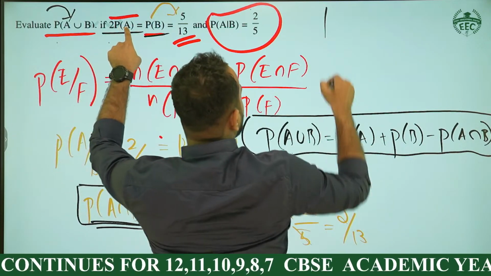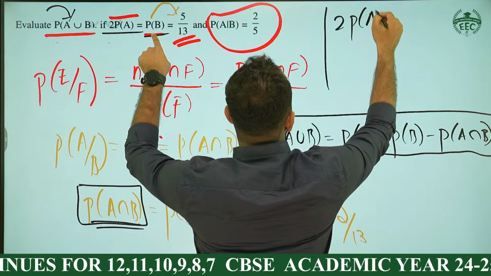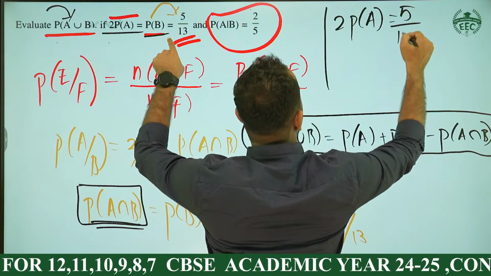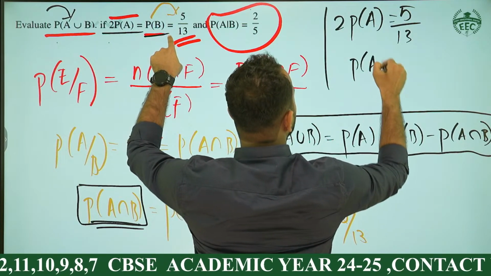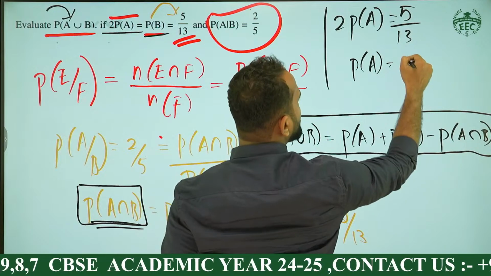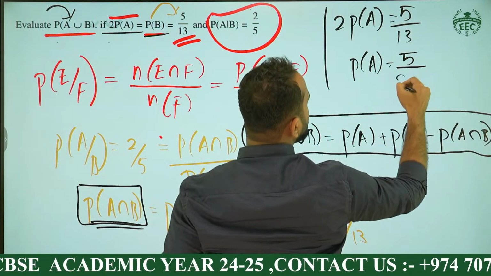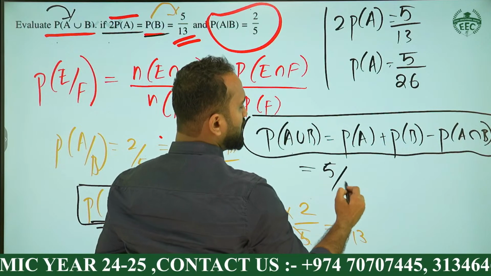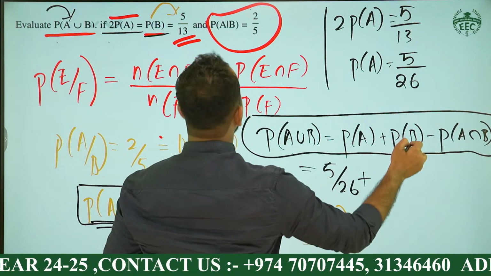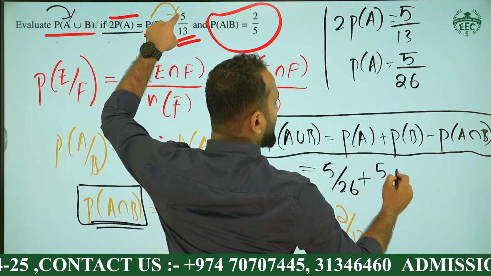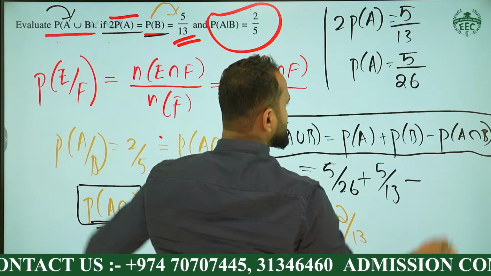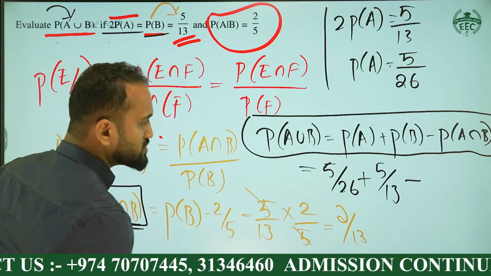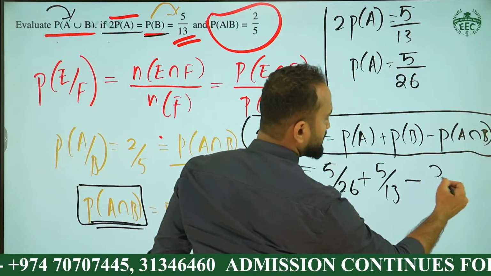It was given that 2 times P of A is equal to 5 by 13, which means P of A is equal to 5 by 2 into 13, that is 26. If you substitute that value of P of A, this will become 5 by 26 plus P of B, which is 5 by 13, minus P of A intersection B, which was obtained as 2 by 13.